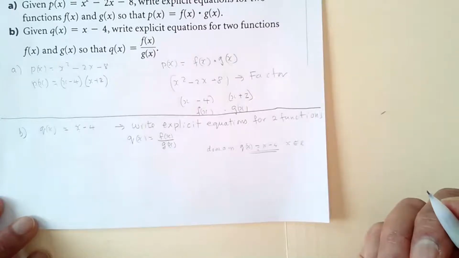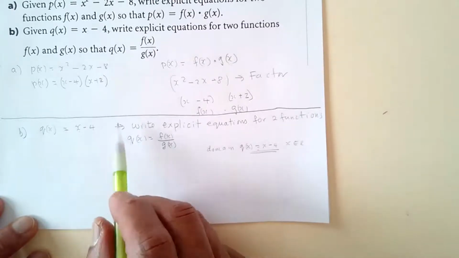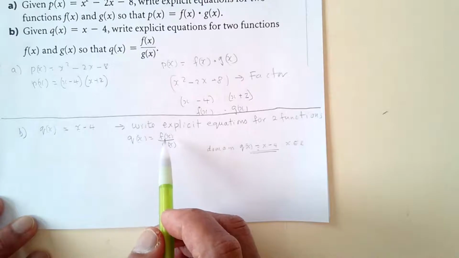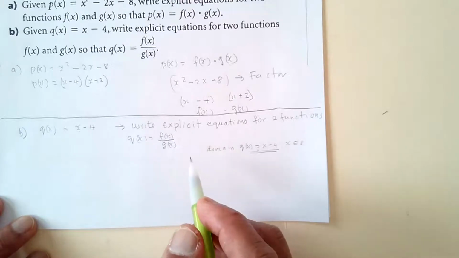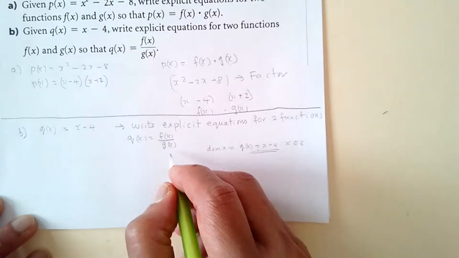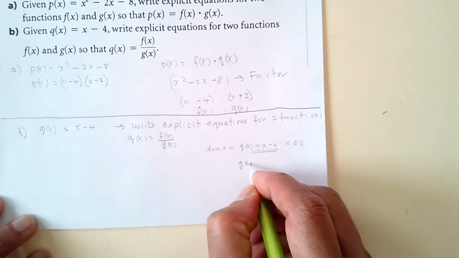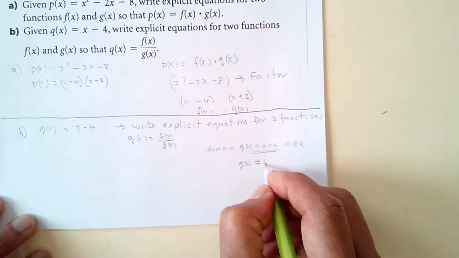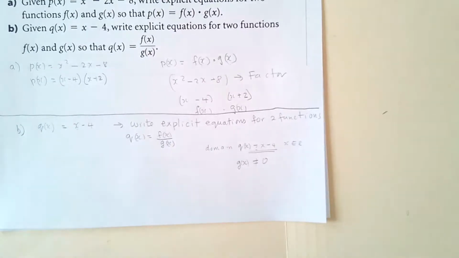But the domain for f of x and g of x must be real, but g of x cannot be equal to 0, or else it'll become non-permissible.